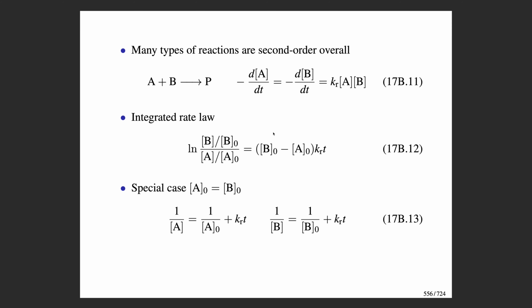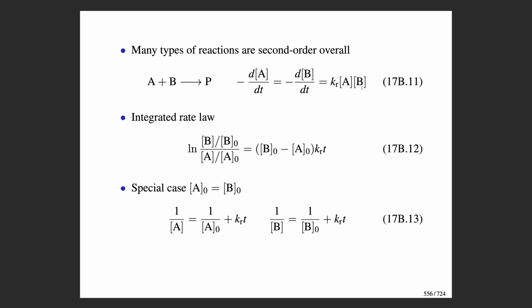Here's another example. This is a different type of reaction, one that I won't derive the equations for. We'll call this a bimolecular type of reaction later, but we've got two reactants, and the reaction is first order in each, but second order overall. So here's the generic rate law.